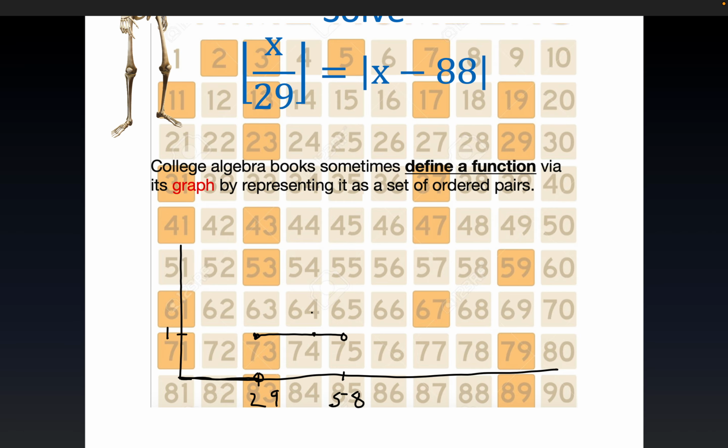Let's call this 48. 48, 1 is a point on the graph of the floor function. Right, everybody? Now, if you put 48 up here, you get a number that is between 1 and 2, which means its floor is 1.